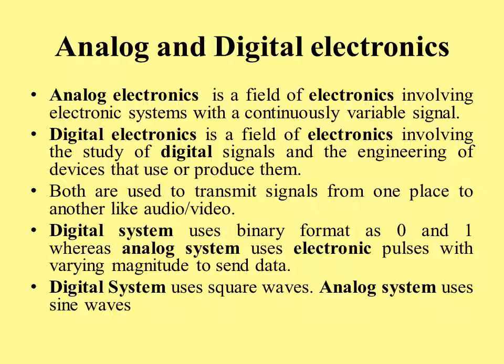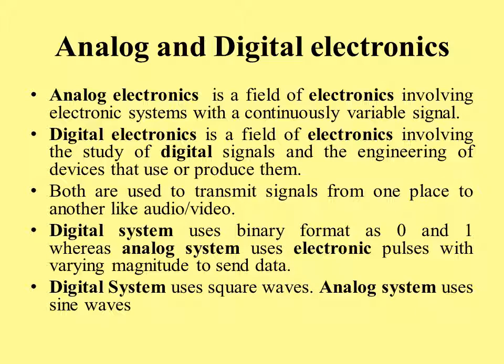So, we have discussed the basic electronics that should be known to us before starting digital electronics, analog and digital electronics, because in MSc final, the paper is digital electronics and digital electronics communication.